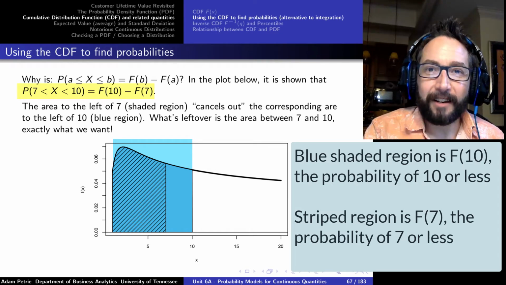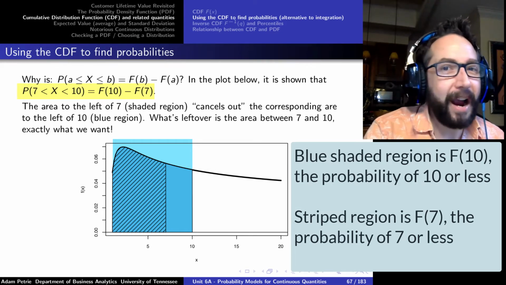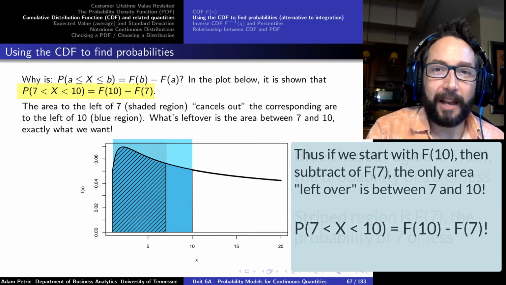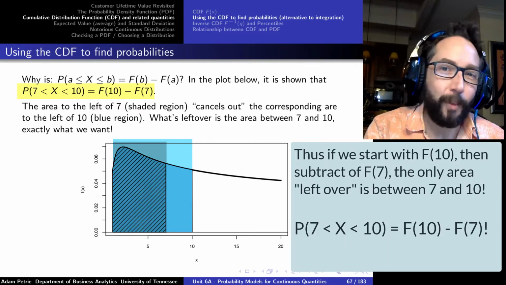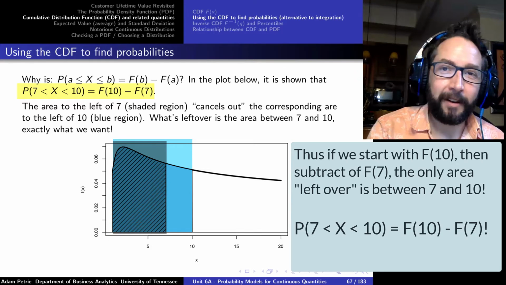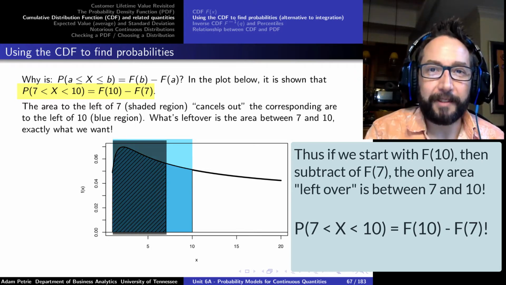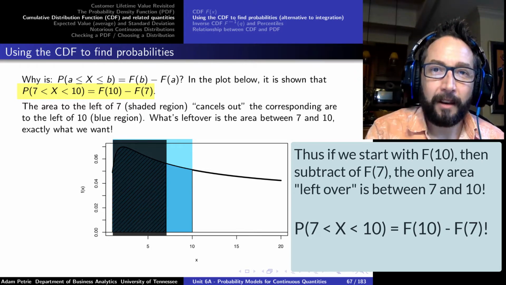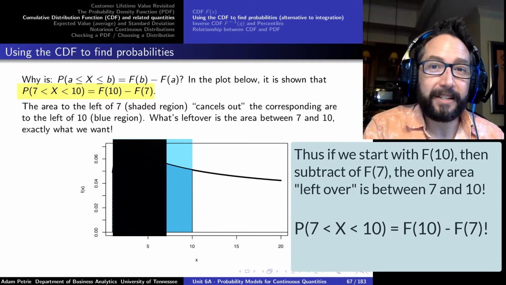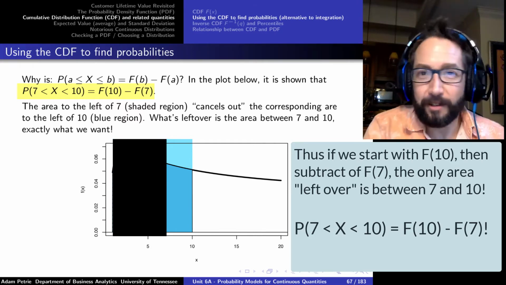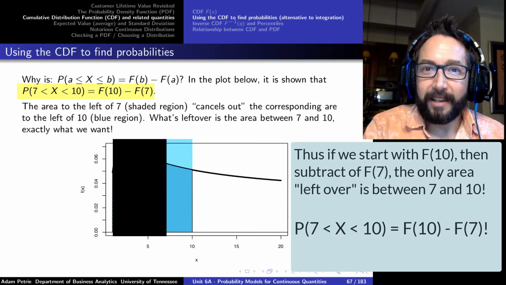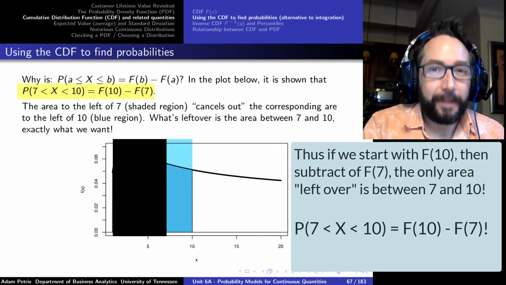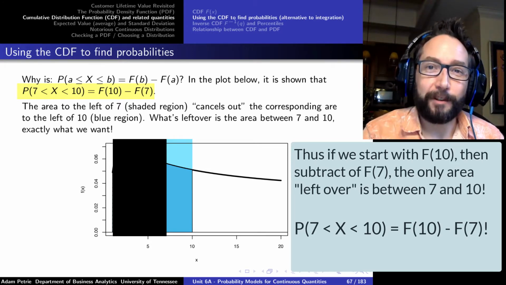If I subtract off capital F of 7, taking away the area to the left of 7 from the area to the left of 10, what I would have left over is exactly the area that corresponds to the question I was asking: the area between 7 and 10, the probability of observing a value of x between 7 and 10.